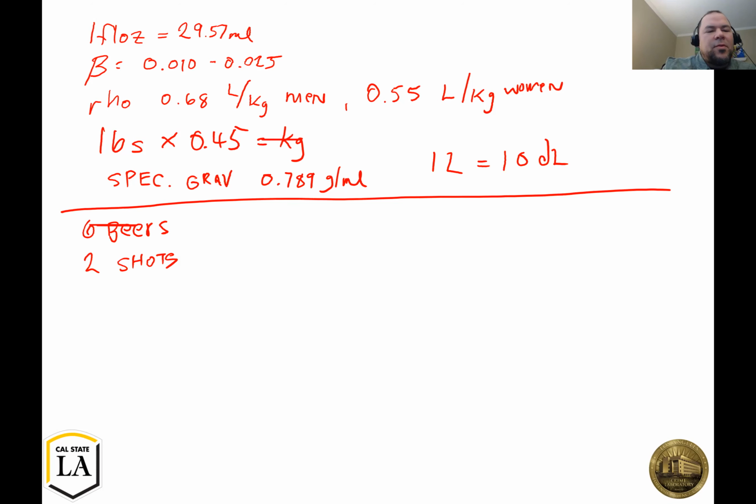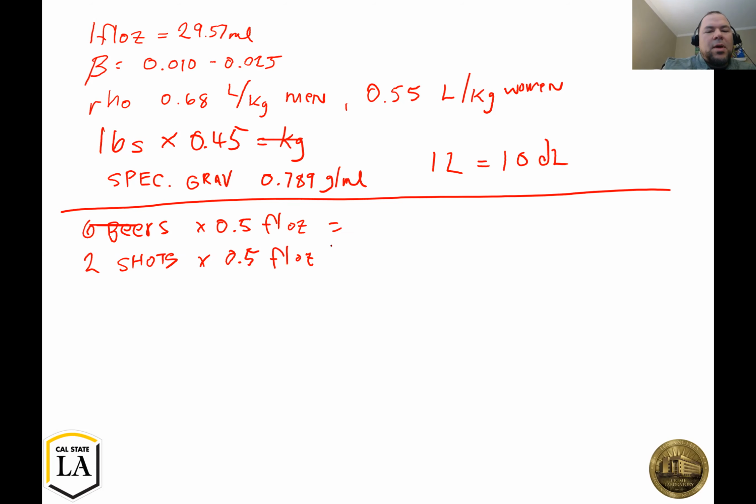So remember, for a beer, you're looking at probably about 0.5 fluid ounces of pure ethanol per beer. For shots, one shot is the same. If it's 80 proof, it's 0.5 fluid ounces of ethanol.